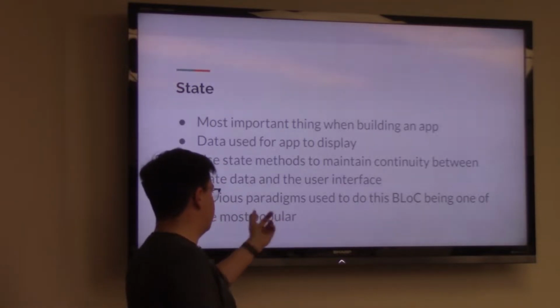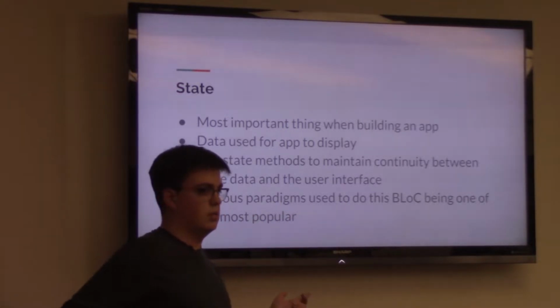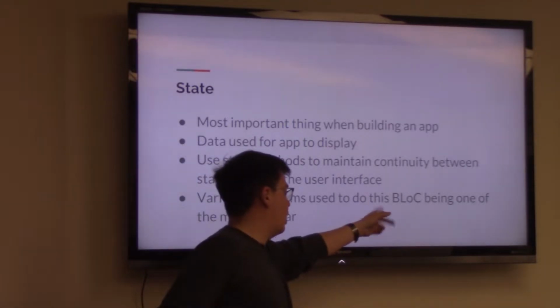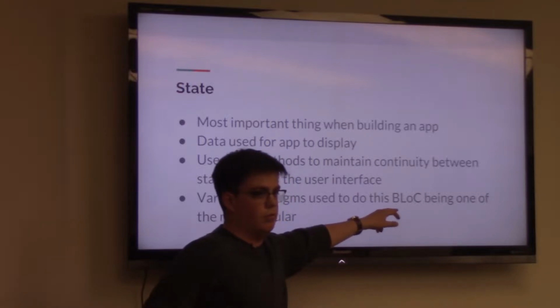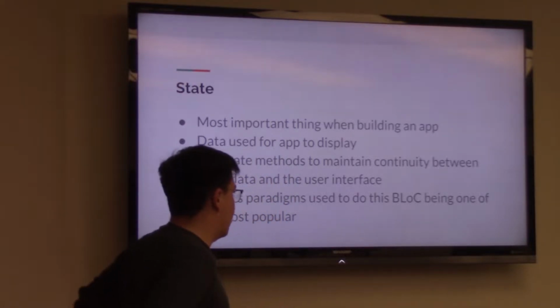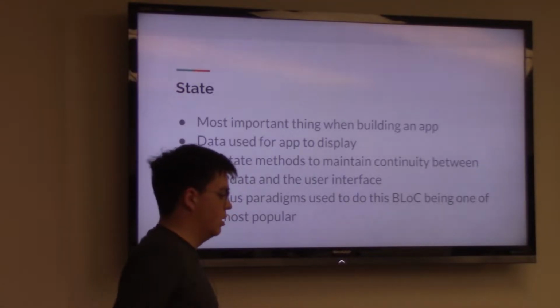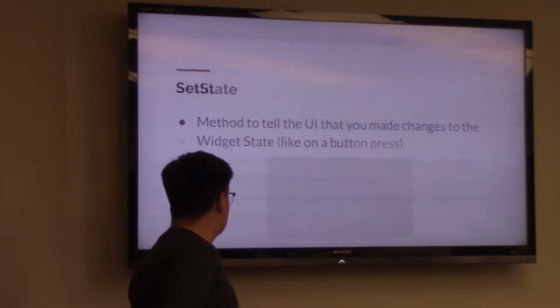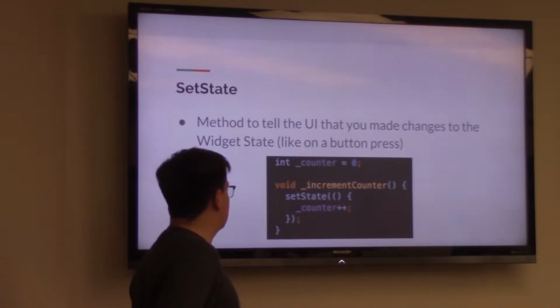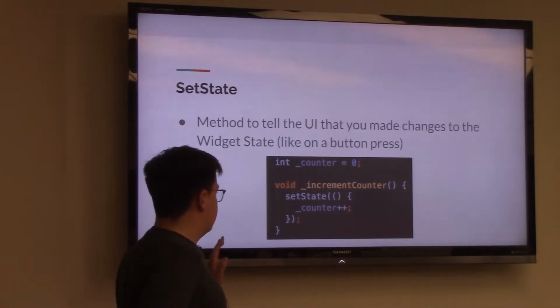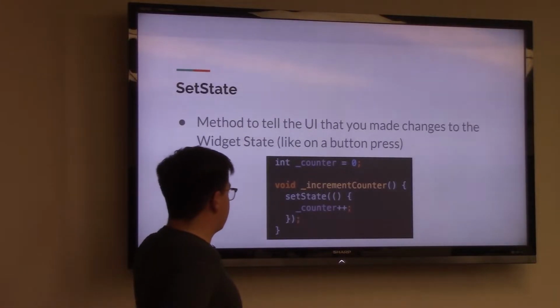And then there are all sorts of different paradigms that Google has invented to do this. This is something that I'm not going to go over, but it's worth looking into if you really like Flutter, which is block patterning, which is essentially asynchronous state management. The most important thing to know is in your code, and I'll show you a bunch of code in a minute, there's this method called setState.